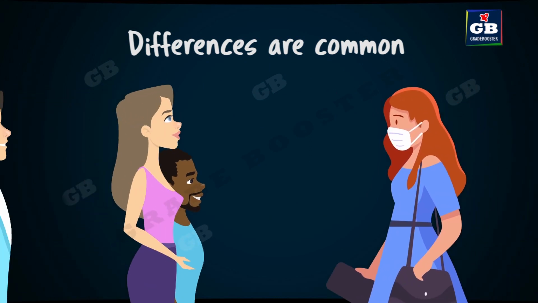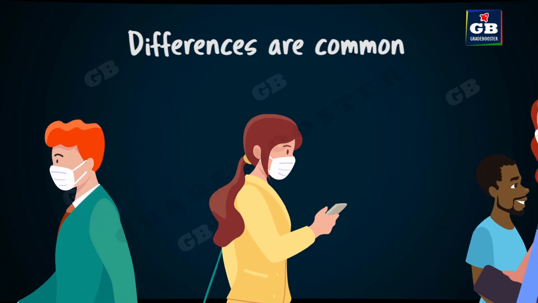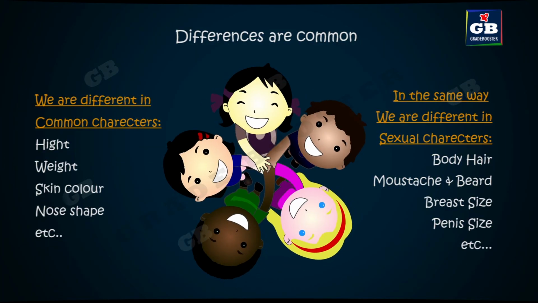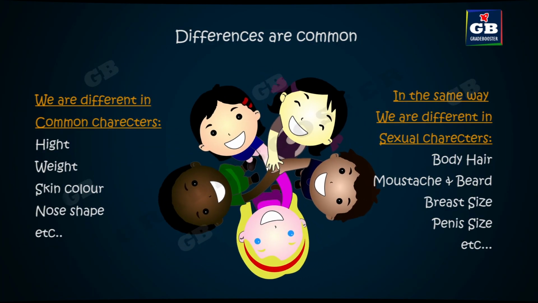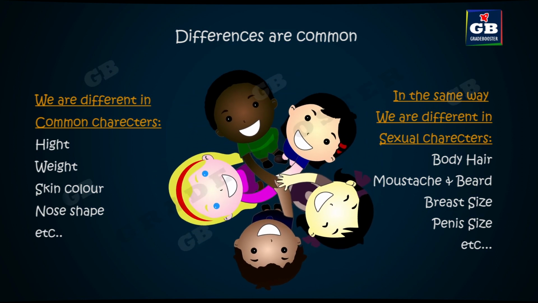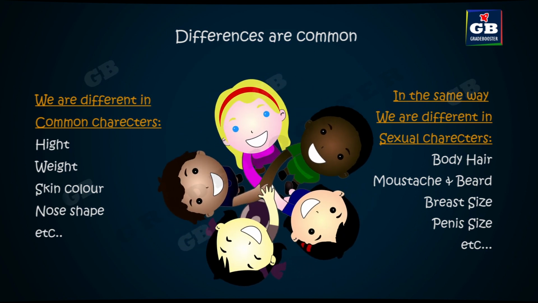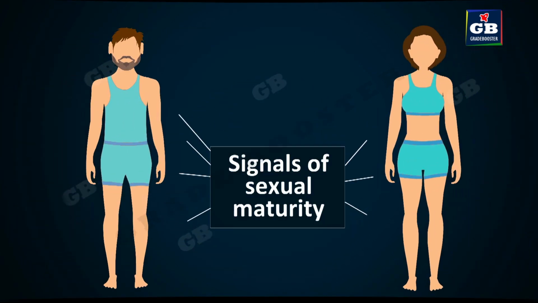As people are different in general body features like height, weight, skin color, etc., people also will have differences in secondary sexual characteristics like body hair growth, growth of beard and mustache, penis size, breast size, etc. These changes are just the signals that show the sexual maturity of the individual.